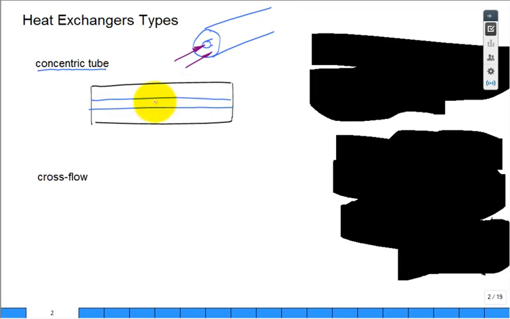We'd put the inner tube like this. We'd say, okay, the flow inside the inner tube may be going in that direction, and the flow in the outer tube may flow in the opposite direction. It could be the same direction, that'd be parallel flow, or opposite direction, counterflow. Somebody says, how do they get this to work?